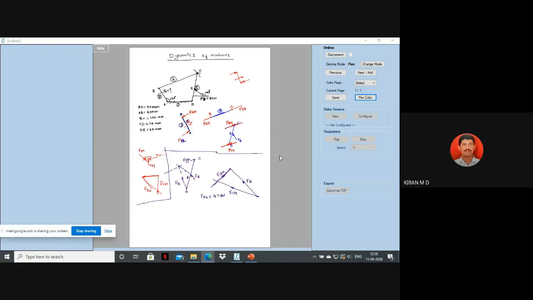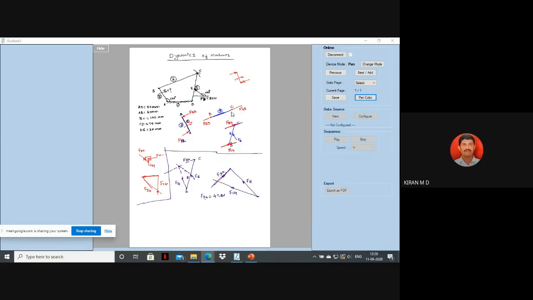Yes, sir. Okay, so now from this diagram, we got F34. This F34 is equal to F43, right? Correct? Yes, sir.